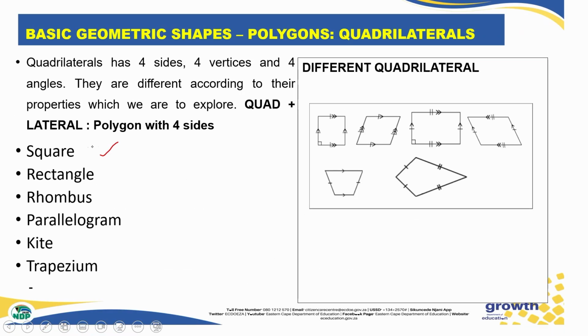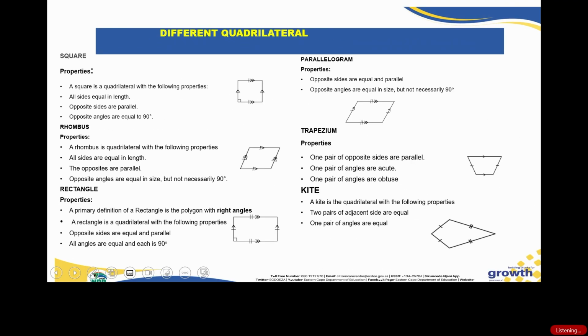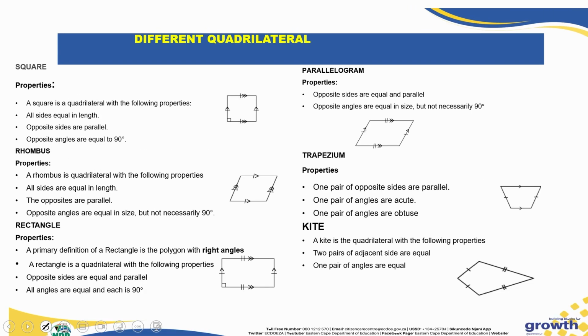Each angle of a square is 90 degrees. What makes a square different from the other quadrilaterals? It is because a square has all its sides being equal. That's why it is a special quadrilateral.